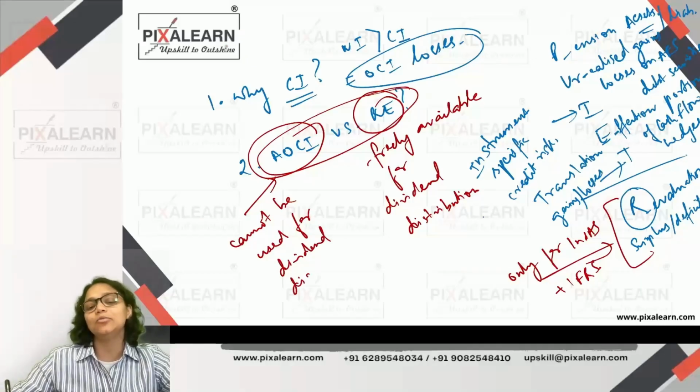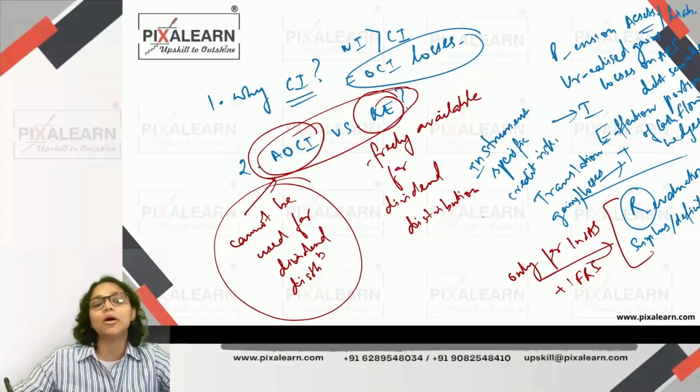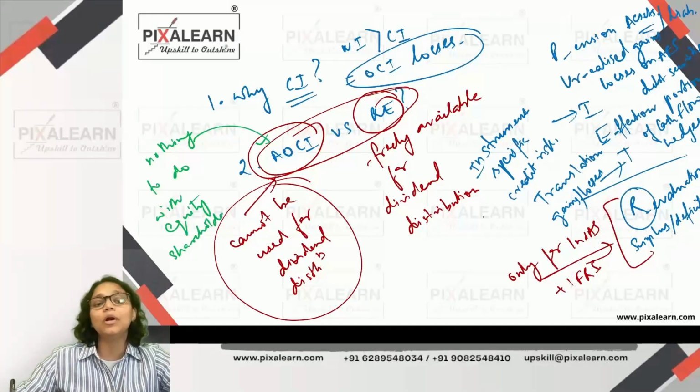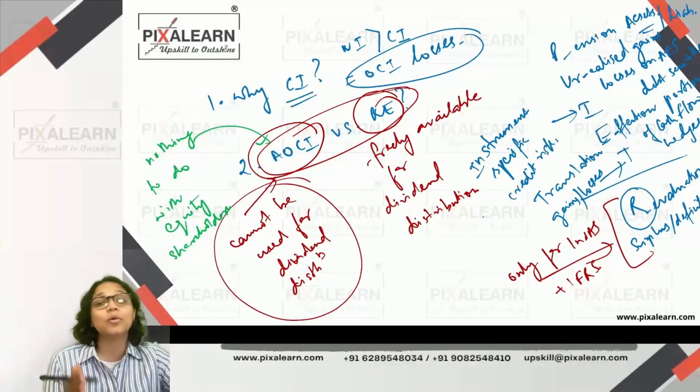We are letting the users know that, see, this seems to increase the money that is available for the equity shareholders. But please remember, this has gone up for reasons which have nothing to do with the equity shareholders. Neither are they putting in this money, nor are they eligible to withdraw money from here by way of dividends. So what is AOCI?